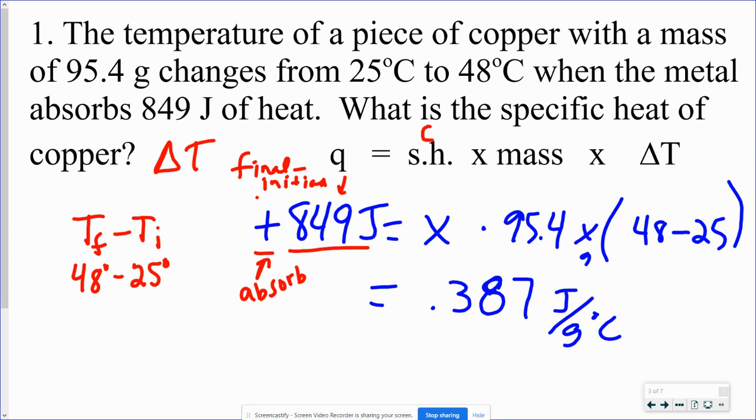So it's a positive 849 for Q. Specific heat is what we don't know. That's our variable. The mass is 95.4 grams, and then our change in temperature, 48 minus 25. So when we multiply, let's see, 48 minus 25 is 23 degrees. Okay, so we have a change in 23 degrees.